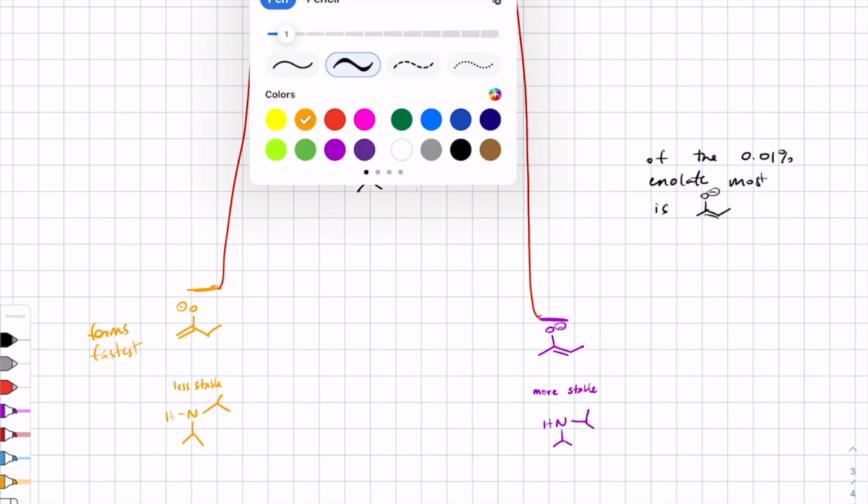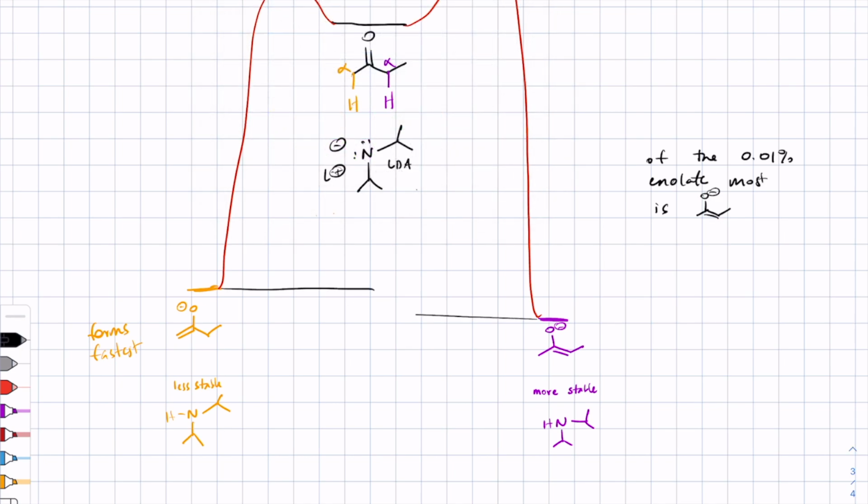The difference in energy between these two lines is essentially a thermodynamic issue. The more substituted enolate is still more stable, but under irreversible conditions, thermodynamic issues don't matter.